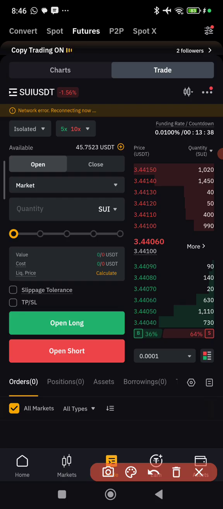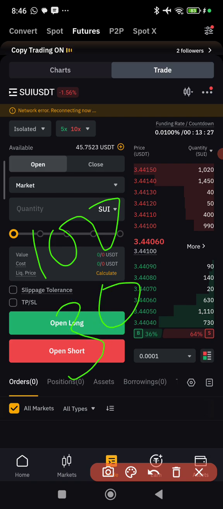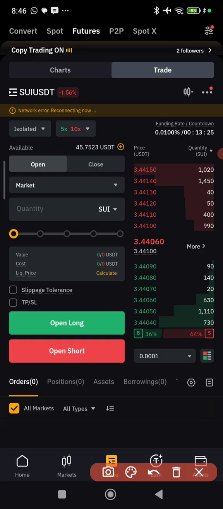It will not be recognized. Let's say you have $100 now and you transfer $30 to your spot wallet. If you choose Isolated, the trade you'll be placing will be only on that $30.